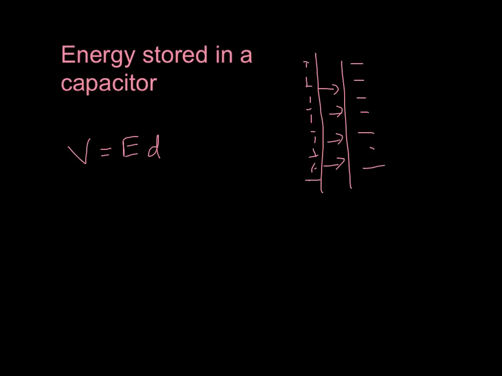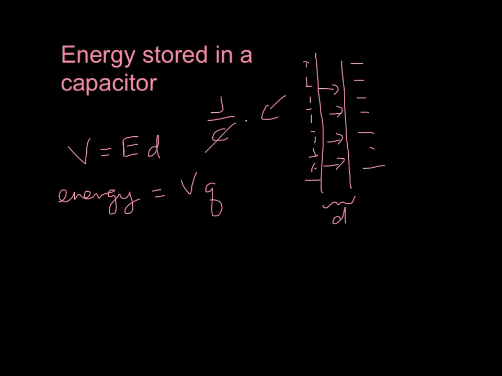So it's the electric field times the distance in between them. And we know that the energy is equal to the volts times the charge, correct? Because remember, volts are joules per coulomb, so if you multiply that times your coulombs, you get joules.